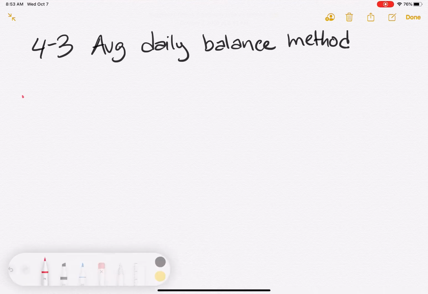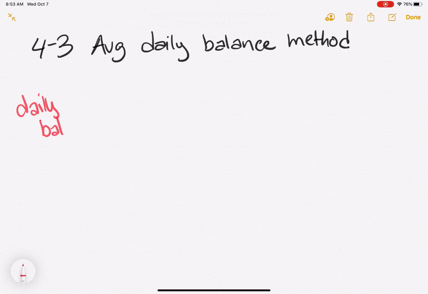So, we have to start with daily balance. Daily balance equals beginning balance. This is including new purchases, and then we're going to do excluding new purchases.